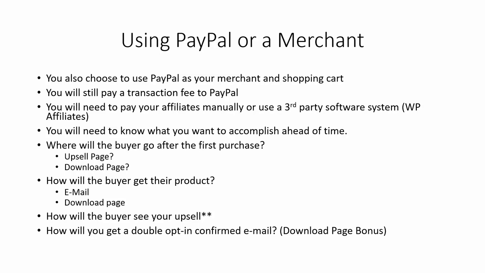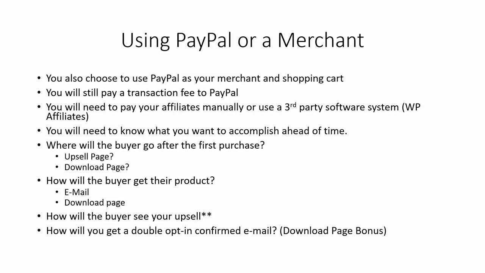You are very unlikely to get someone to open it, click the confirm link, become part of your list and get marketed to. So typically you're going to be using single opt-in when you make a purchase. You should be giving those people a message as soon as they become part of your list.